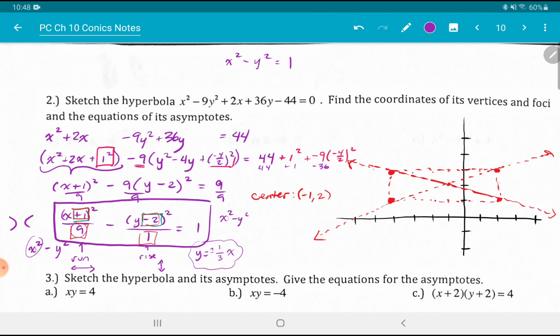So where is my vertex at? Well, if my center was at negative 1, 2, then it goes to say that right there along the edge, the same level as the center, my vertex is going to be at the point 2, 2. That's the vertex.